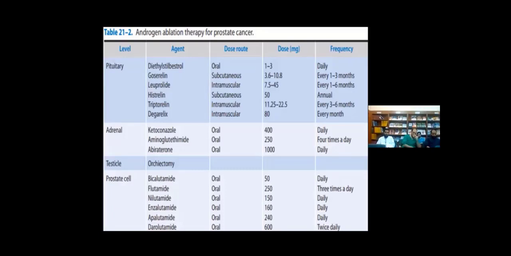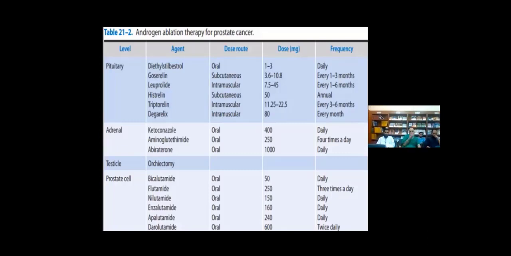Few are given subcutaneously and few intramuscularly, every 1 to 3 months, up to every 6 months. The androgen synthesis inhibitors act on the adrenal, and include ketoconazole, aminoglutethimide, and abiraterone. They are all given orally, daily or 4 times a day.